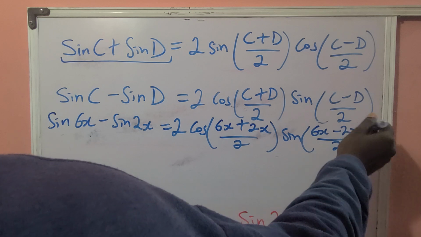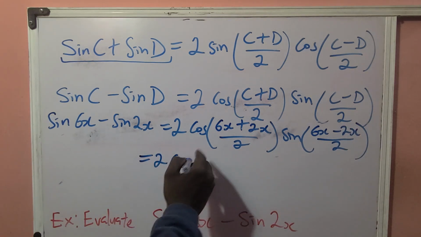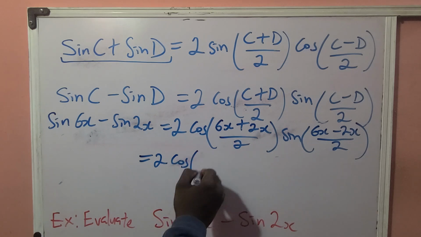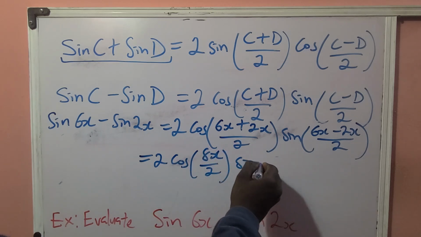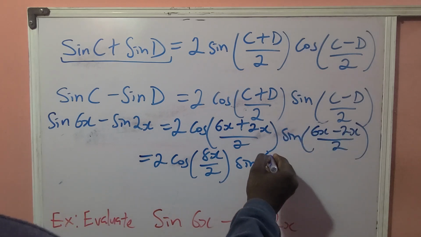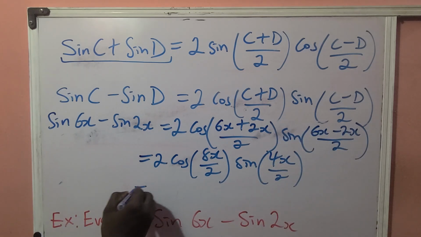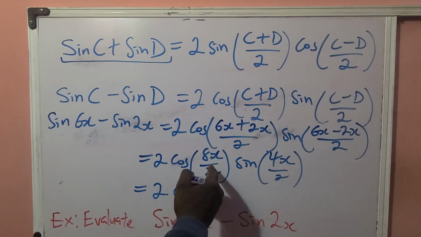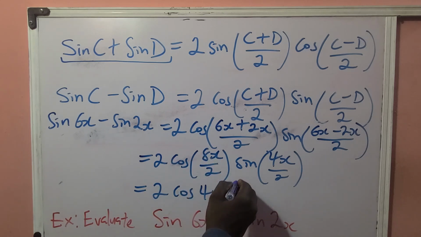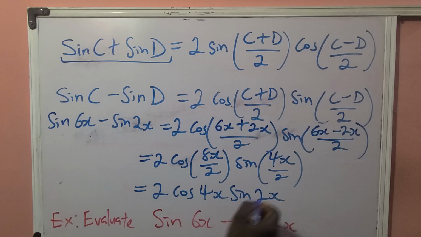So what we will have here is 2, the cosine of this will be 8x over 2. Then sine, this will be 4x over 2. So in this case, we'll be having 2, the cosine of 8x over 2 will be 4x, and then sine 4x over 2 will be 2x.